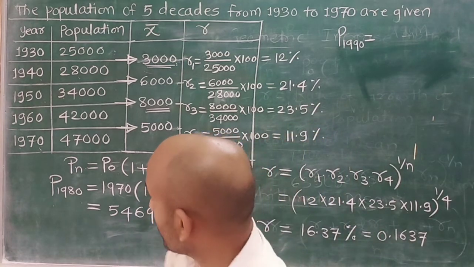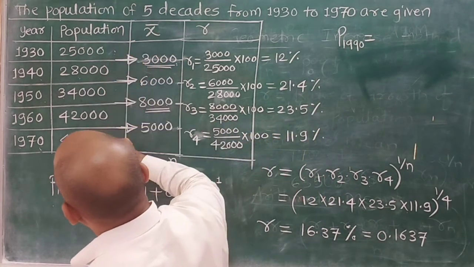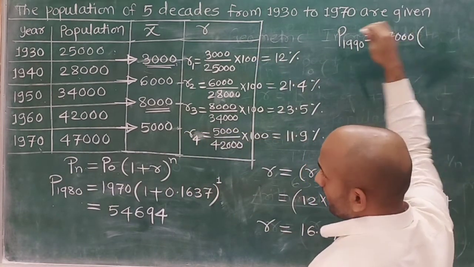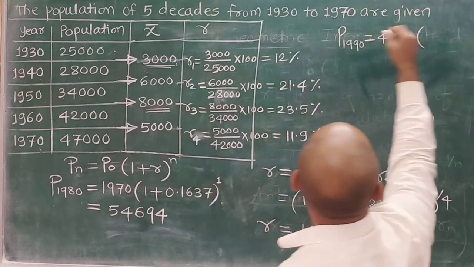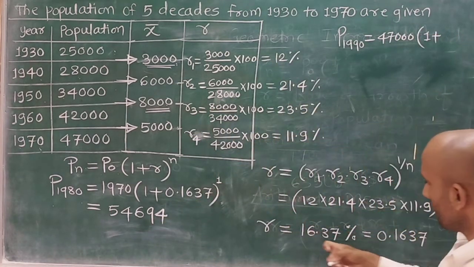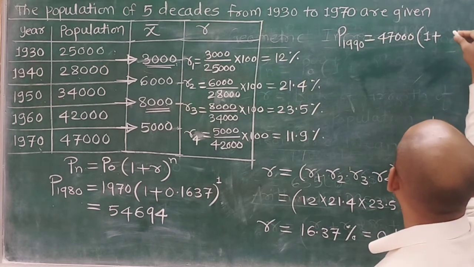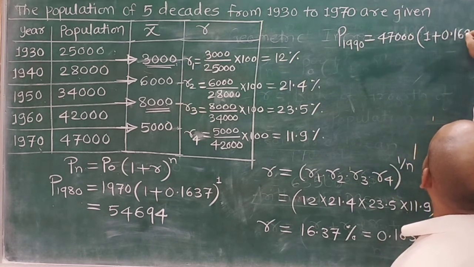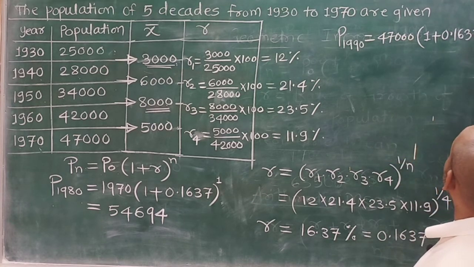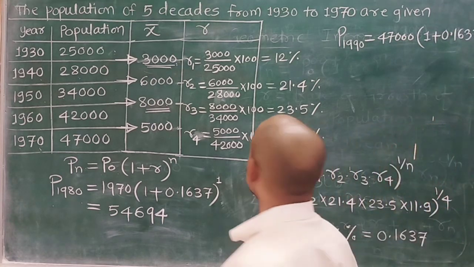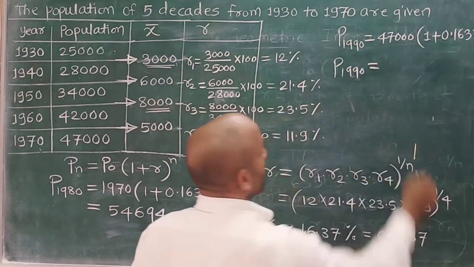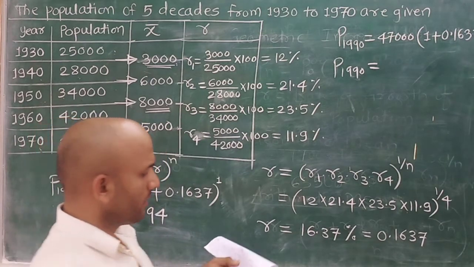P naught is how much? P naught is the latest known population, 47,000. Okay, 1 plus R. 1 plus R, we have already found the value, 16.37, that is 0.1637, and raised to power n, that is the number of decades, 2. So population in 1990, how much is it?